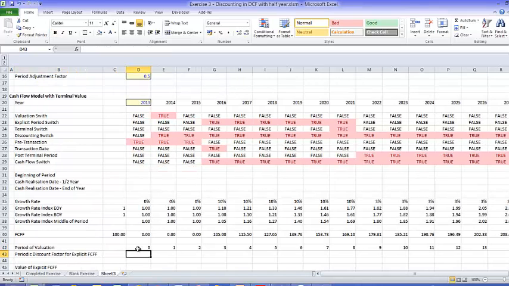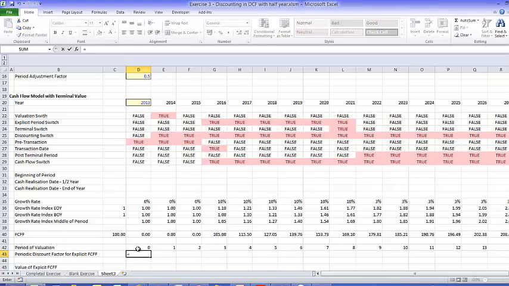Now, here's the problem. If this cash flow occurs here in the middle of the year, discounting it to the 3 years, when we bring it back to 1, this discounting would be assuming these cash flows occur at the end of the year and bring it back to the beginning of 2014.